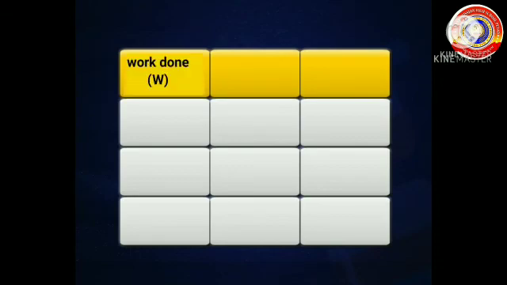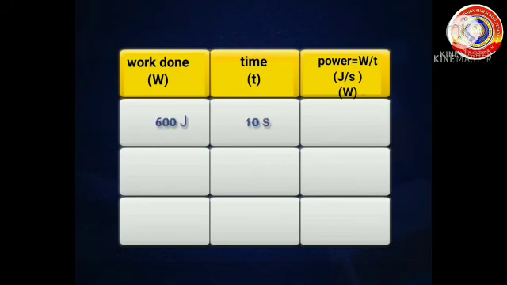So students, let's see the table to know some examples of power. In this table you can see work done and time. First one, 600 joule and the time 10 seconds. So power equals 600 by time, that is 60 watt. The second one, work done equals 1200 joule, time 20 seconds.